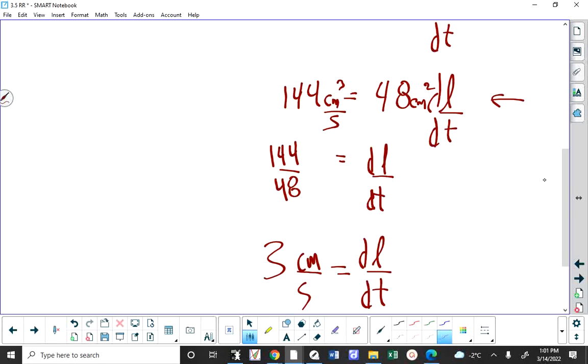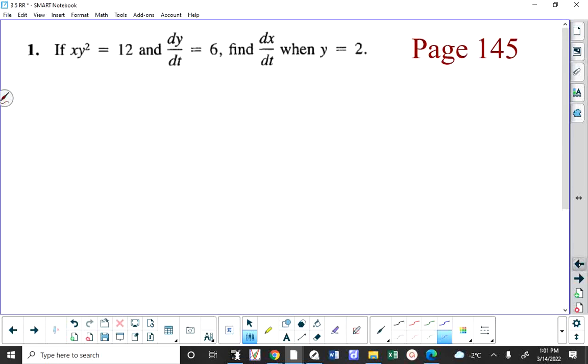Go ahead. Yep, absolutely. So this is the more abstract question, this one, right? And there's no context here. You're just given a relation between x and y. You're told that dy/dt is 6, and you're asked to find dx/dt when y is 2. So when I differentiate this, let me back up.